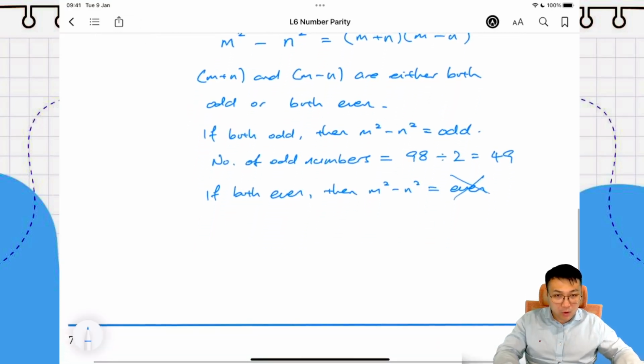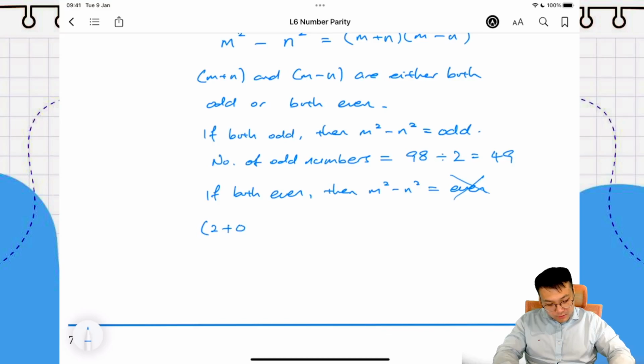There's something more. Let's do some experiments, shall we? Let's say m is 2 and n is 0. Two times 2 equals 4.